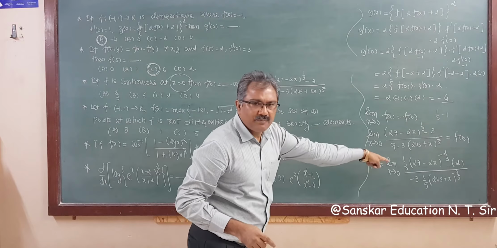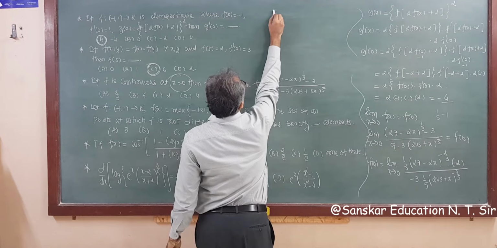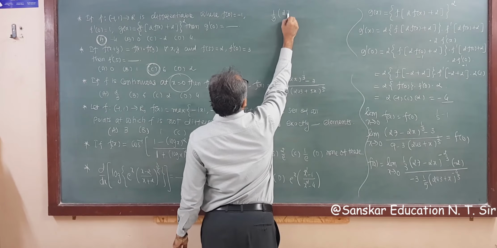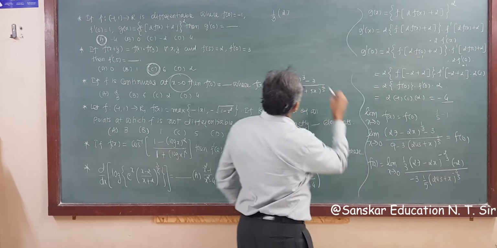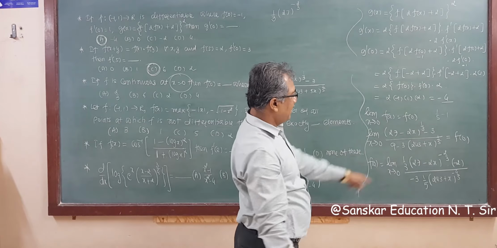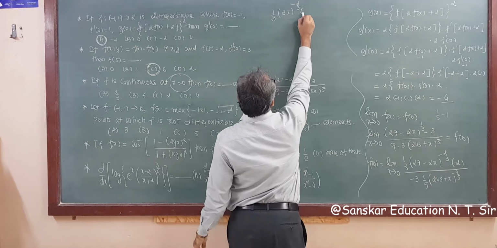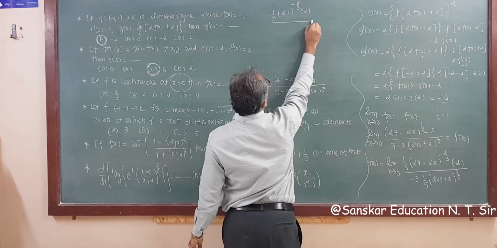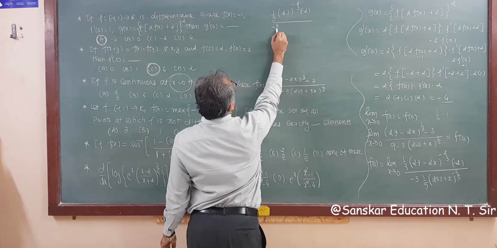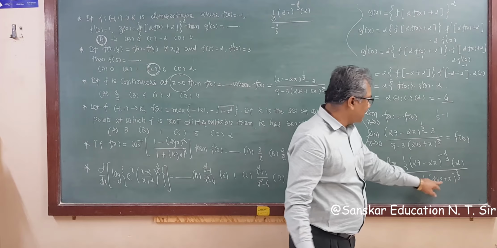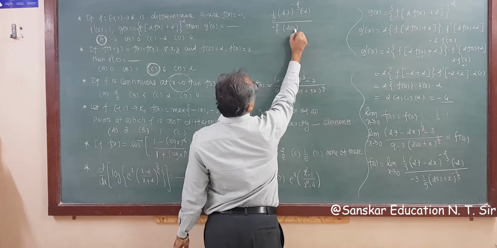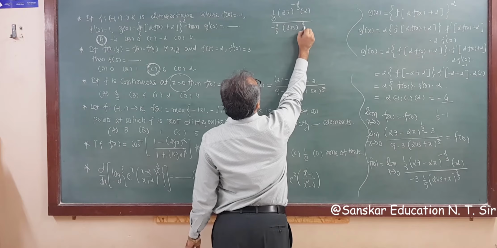Now substituting x equal to 0, what do we get? 1 upon 3, right? 27, now x equal to 0 means this is 0, so this is 27 raised to minus 2 by 3, into minus 2 as it is, whole upon minus 3 by 5, so this is minus 3 by 5, and 243 raised to minus 4 by 5.